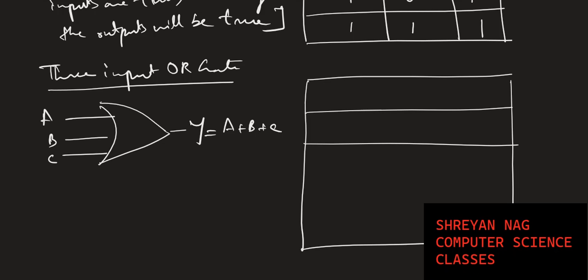There are 3 inputs, so depending upon the inputs we use the formula 2 to the power of n. 2 to the power of 3 is 8, so we have to make 8 bit configurations.